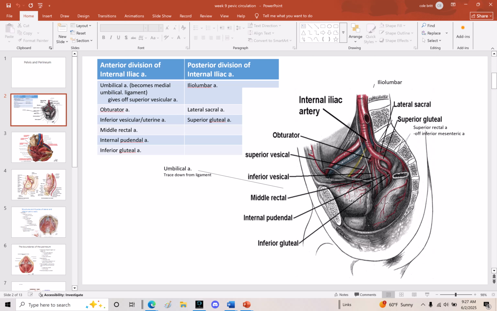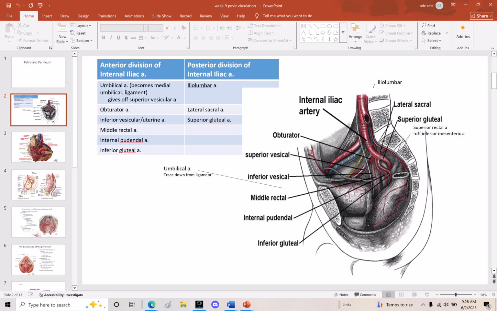So then back here on this posterior division, a lot of times you don't necessarily have separate posterior division arteries coming off. But you have this superior gluteal artery supplying the gluteus medius and minimus, and you have a lateral sacral. Remember, we had the median sacral artery coming out of the bifurcation in front of L4. So this gives you a lateral sacral artery.